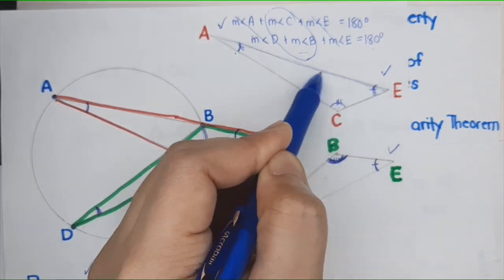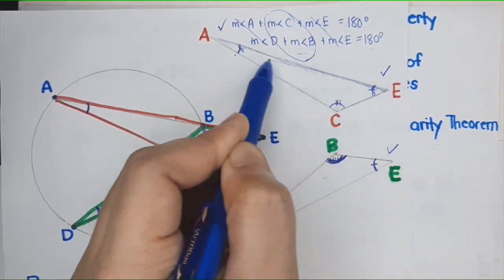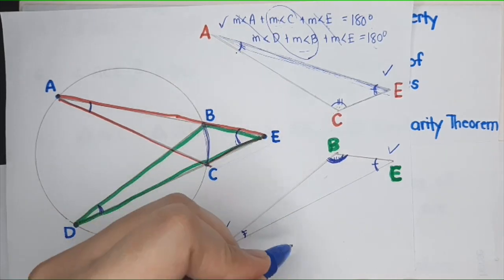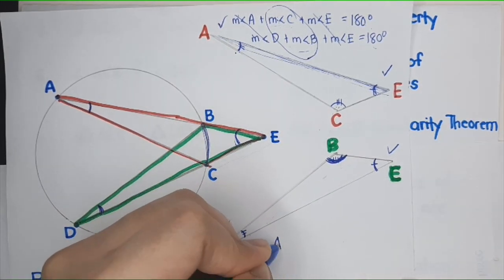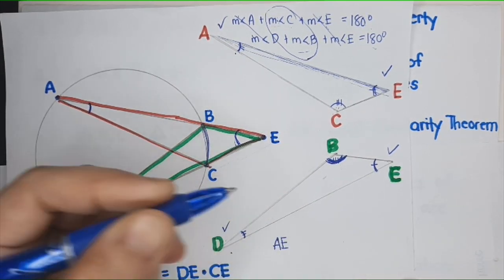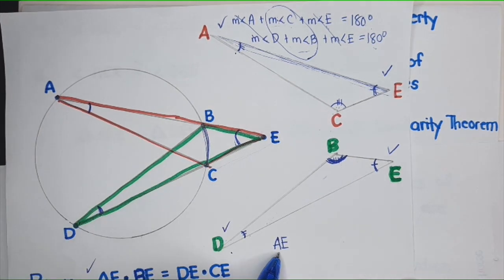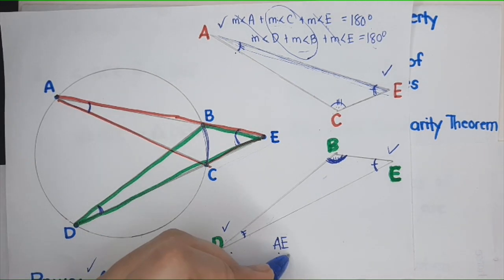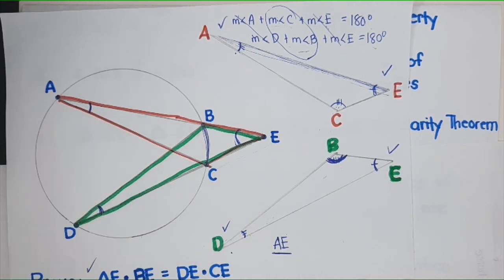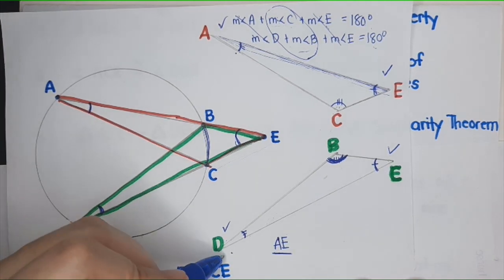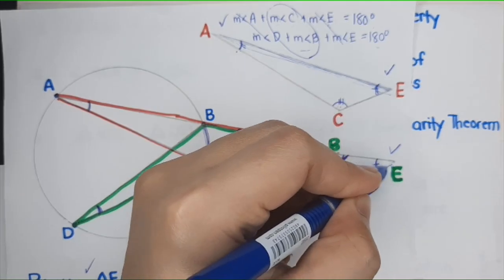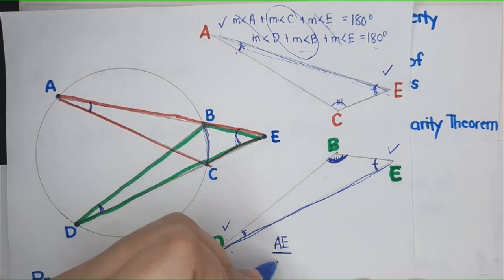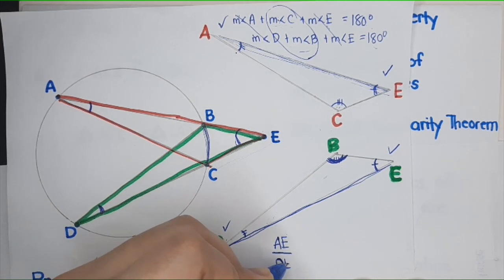The length of this side, this is how you write the length: AE. That's the length of the line segment AE. Wala nang bar on top. Over, nasaan yung corresponding side niya? Do you see it? This one? DE.